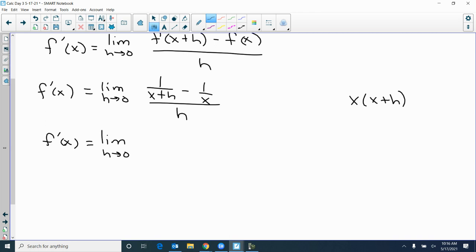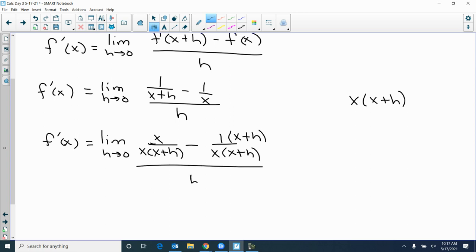Yeah. All right, so you got to take this x times x plus h, and then we'll distribute here in a second. So this piece over here needs an x, and then it's going to be x plus h, or x times x plus h here, minus that needs an x plus h, and that's all over h.